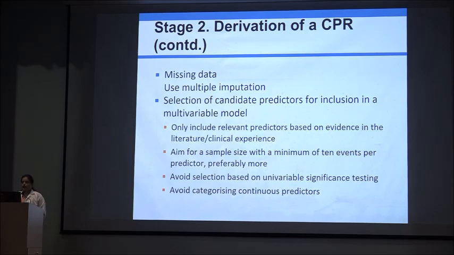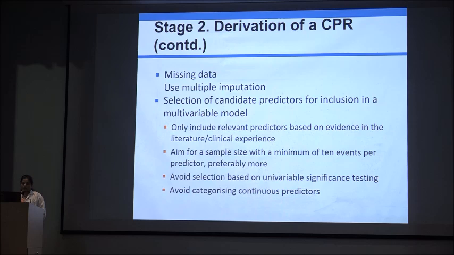So that is the rule of thumb. There are other formulae also that can help you to calculate the sample size, but this is one rule of thumb, and there is some literature that says even 20 is required, but at least a minimum of 10 events per predictor.